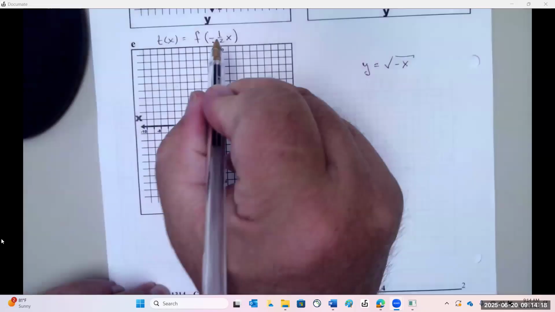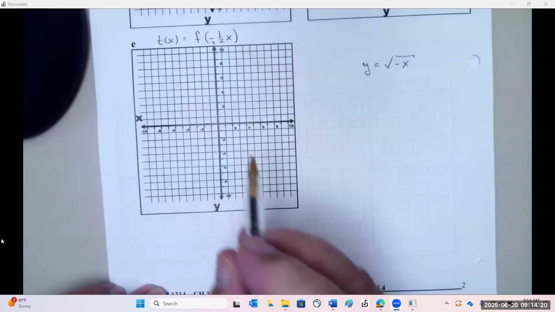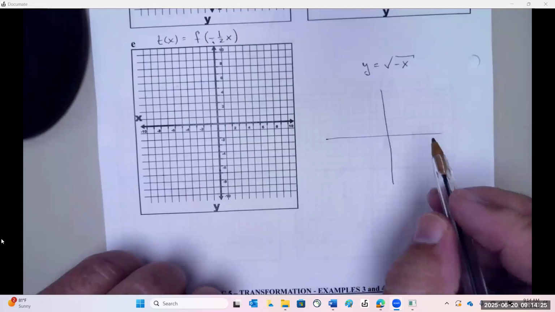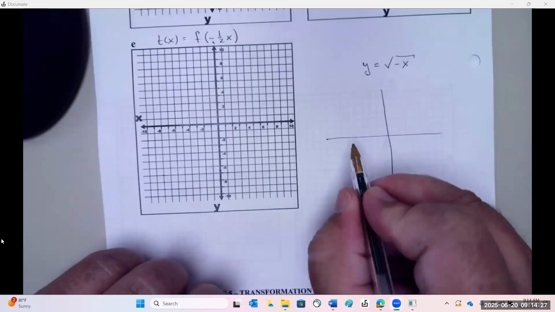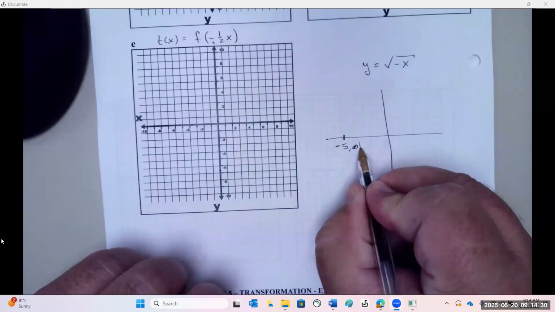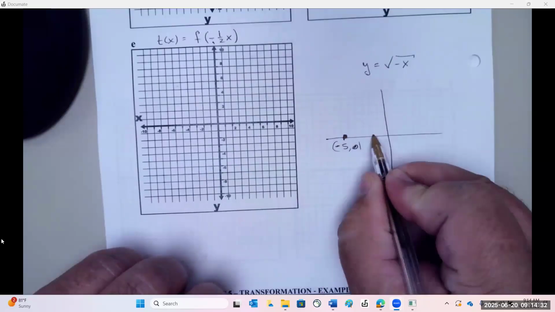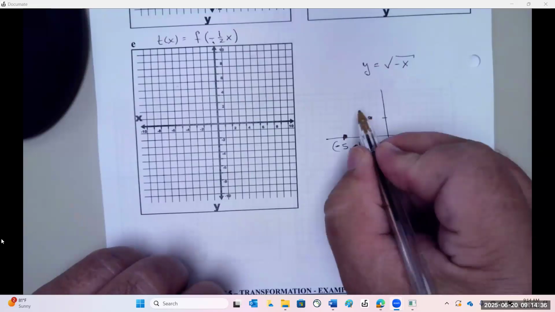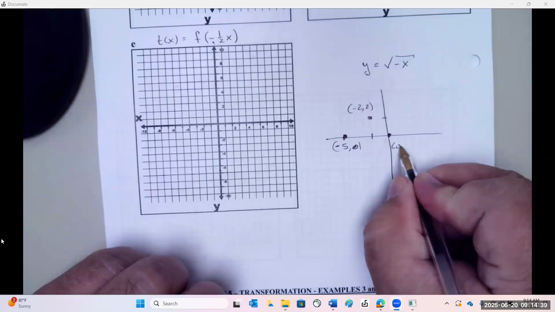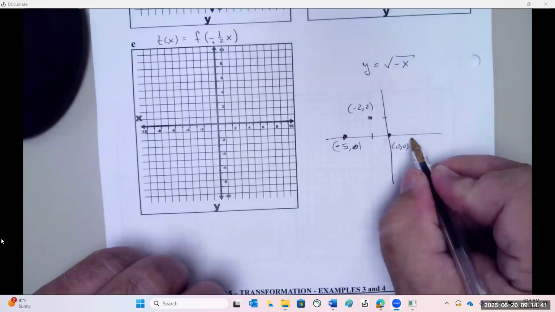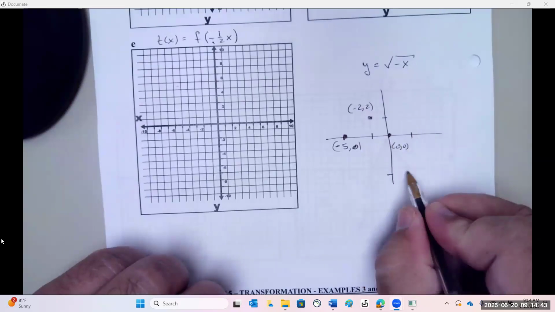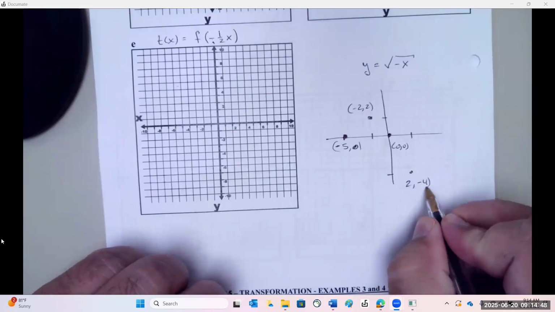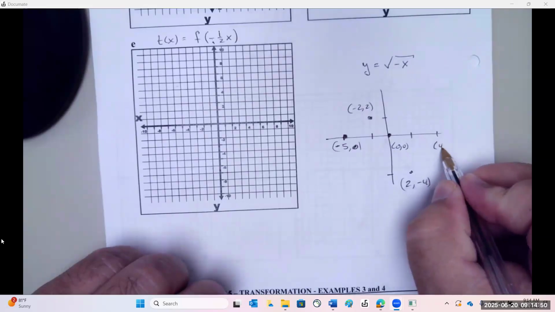So in other words, our original graph, let me draw it over here again. It was at -5, 0; -2, 2; 0, 0; 2, -4; and 4, 0.